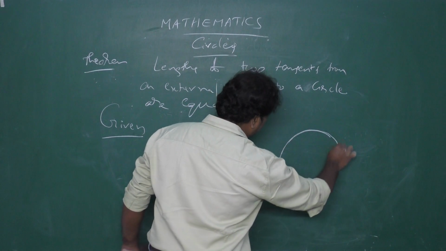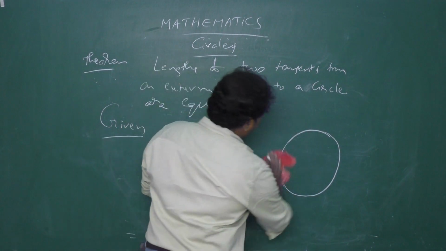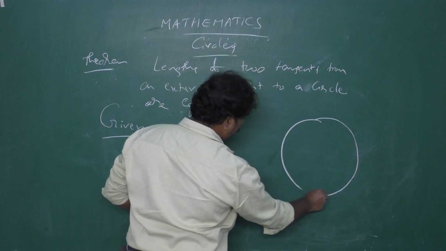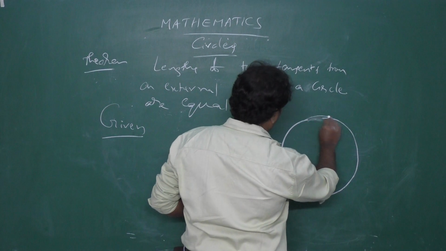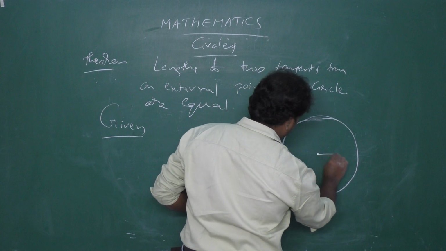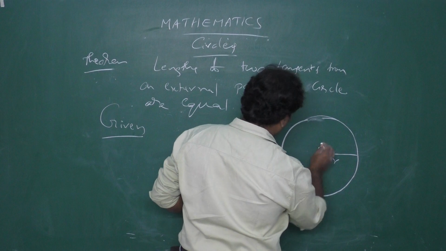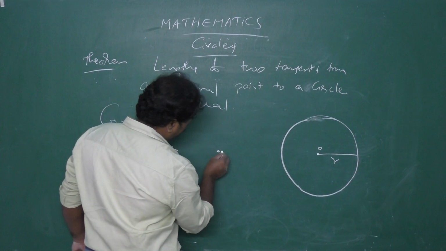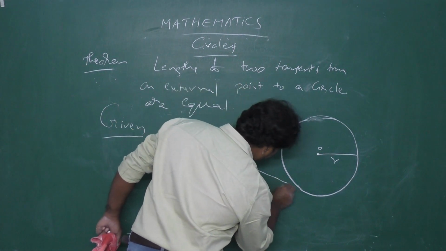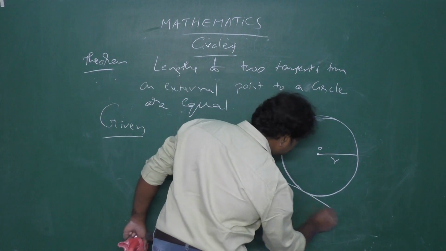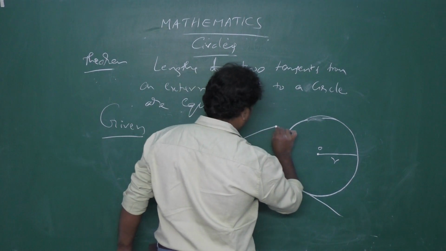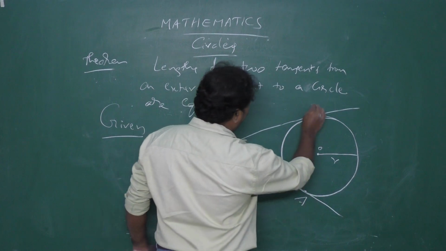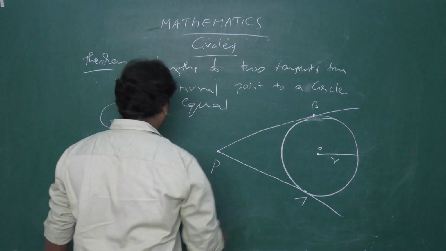They gave you one circle with some radius r and center O. There is an external point, some point P, from which we are going to draw two tangents which touch this circle at A and B. So this only we will write.